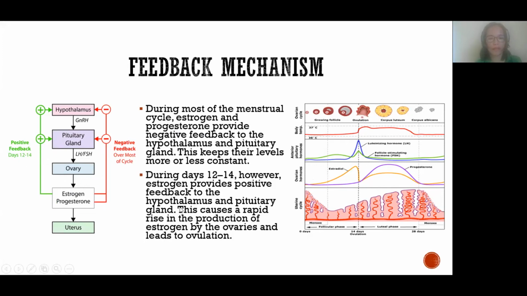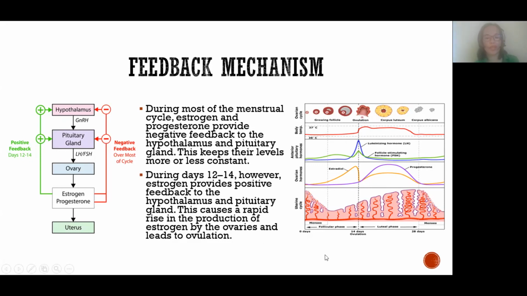Estrogen provides a positive feedback on the hypothalamus because that is important in preparation for ovulation. So it feeds back to the hypothalamus to increase its production because of the ovulation.